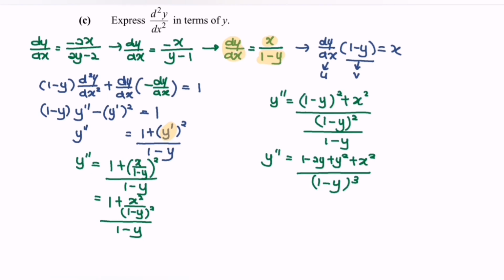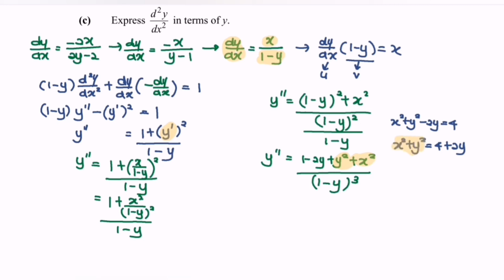Now kindly refer to the question. Given x squared plus y squared minus 2y equals 4, rearranging, x squared plus y squared equals 4 plus 2y. We notice that we already have y squared plus x squared, which equals 4 plus 2y.